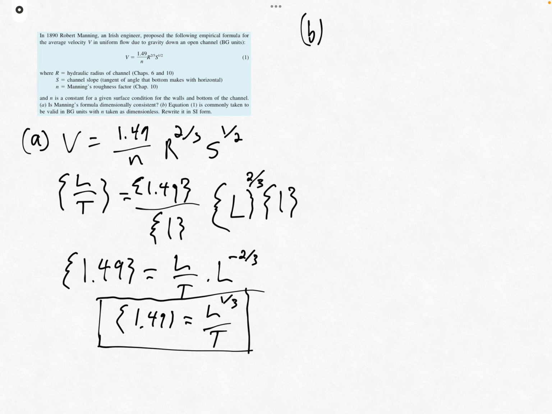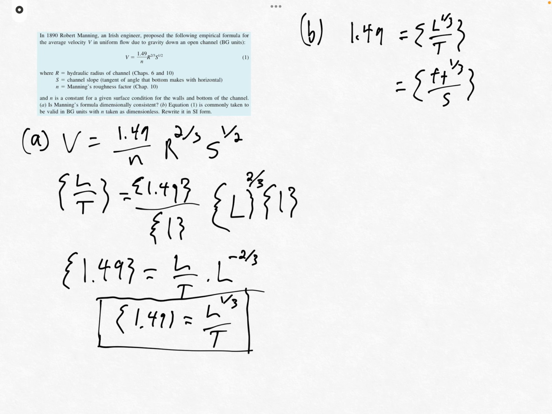So we know that 1.49 has dimensions of L to the 1/3 over T. In British gravitational units, this would be feet to the 1/3 per second. And we're trying to put this into meters per second.